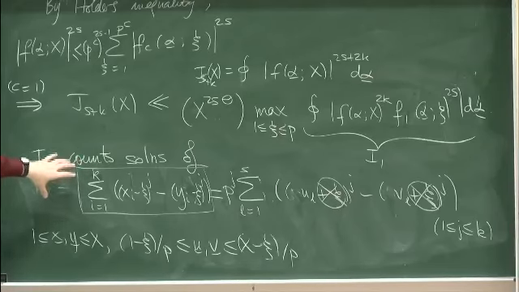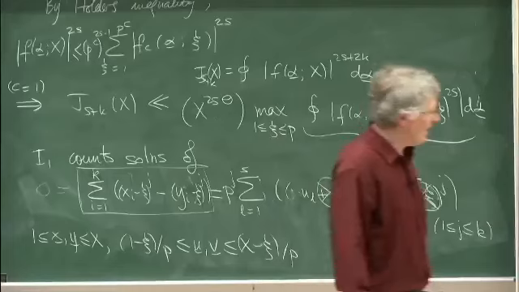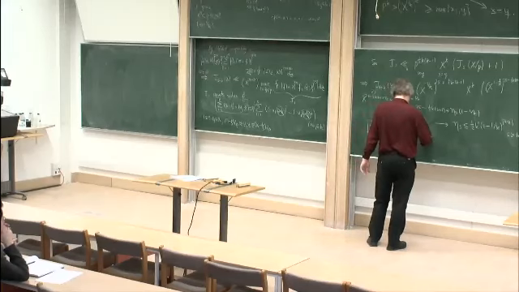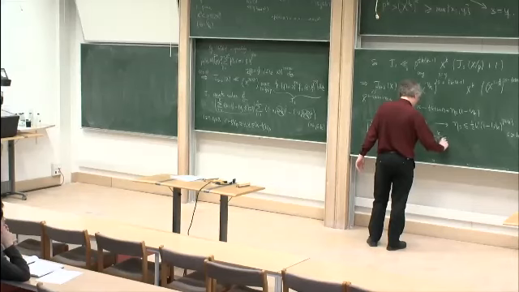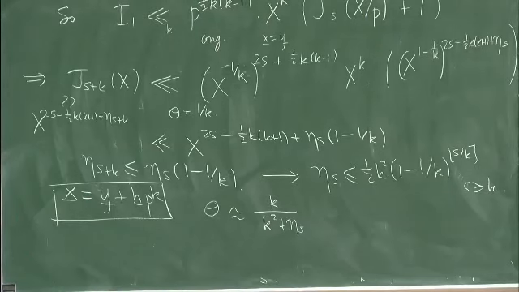And it turns out, if you're careful, you recover a more efficient value of theta from this. If memory serves, the value of theta is roughly k over k squared plus eta s. That's the optimal choice of theta. Okay, so that's all excellent.